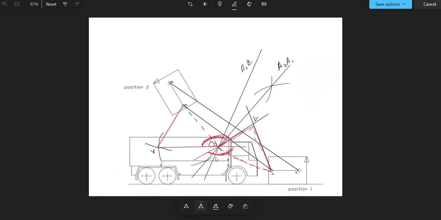So now we are going to attach the hydraulic actuator to the angle at this side. Okay. So to do that, let me erase this part.